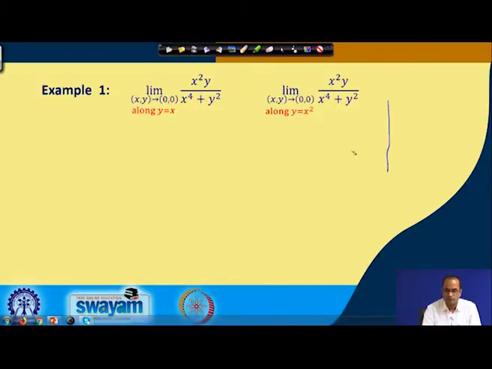So, we have chosen two different paths to approach the origin: one, the straight line y equal to x, and the second, the path y equal to x squared. So, what will be the limit of this function as we approach the (0, 0) point along these two different paths?